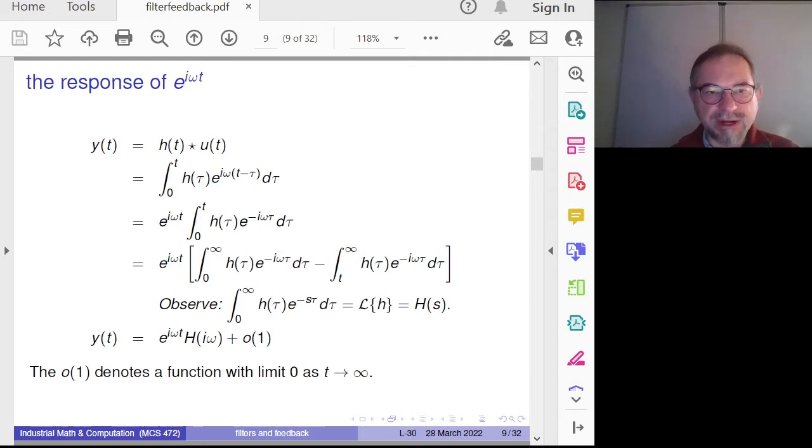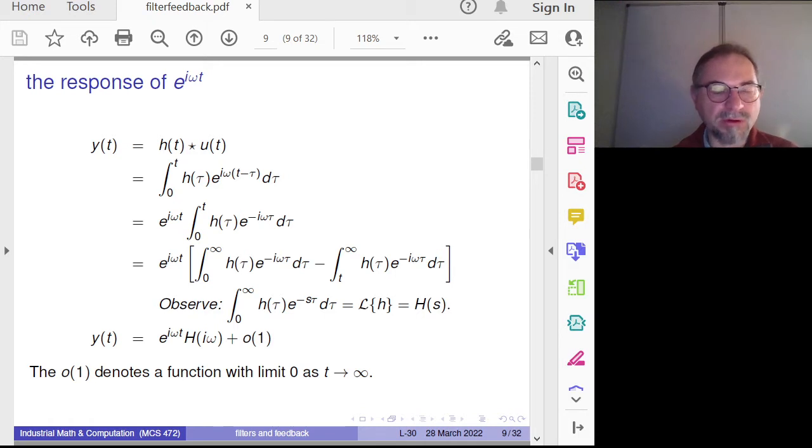So what we subtract becomes more and more irrelevant. So in the limit it becomes 0. But what remains, or what is most important, is the transfer function evaluated at omega multiplied by the imaginary unit. So here you see how the theorem is actually already almost there.